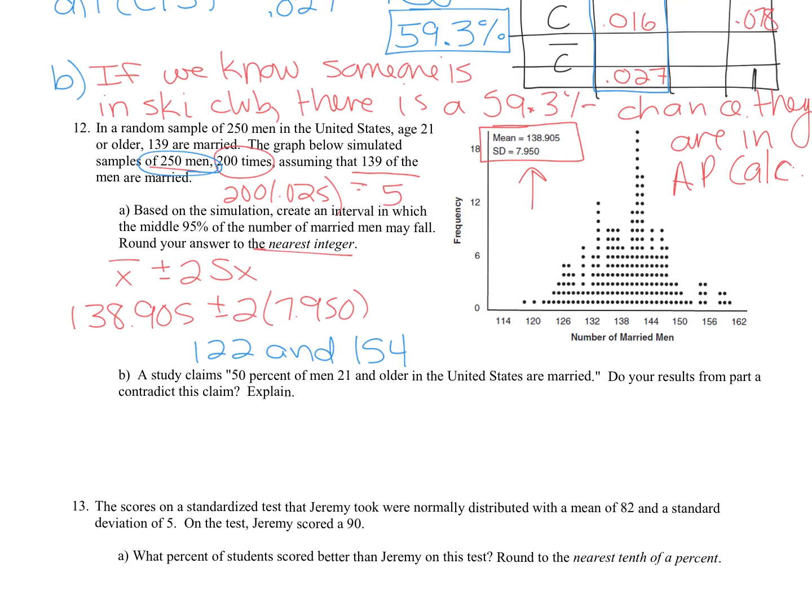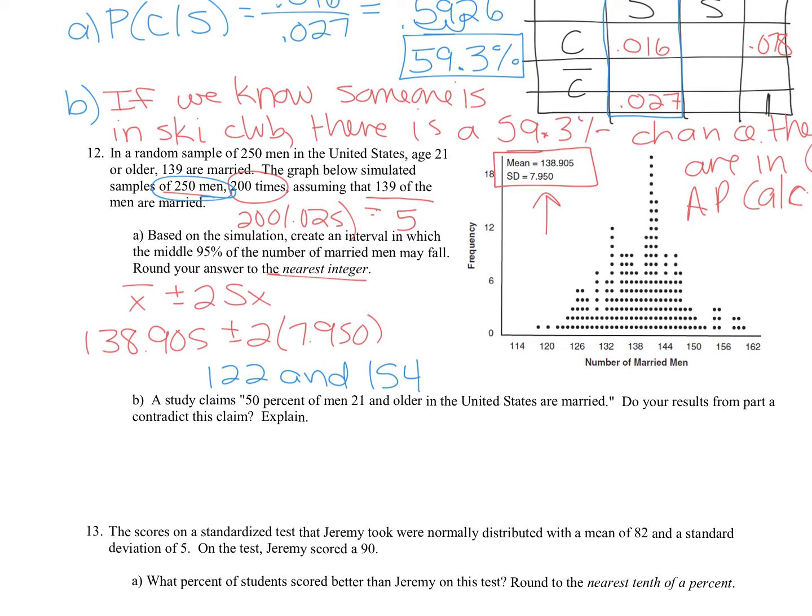A study claims 50% of men 21 and older in the United States are married. Do your results from Part A contradict this claim? So I am going to see what would happen if I take 50% of the sample. So 0.50 is 50% of 250, and that would give me 125 men.